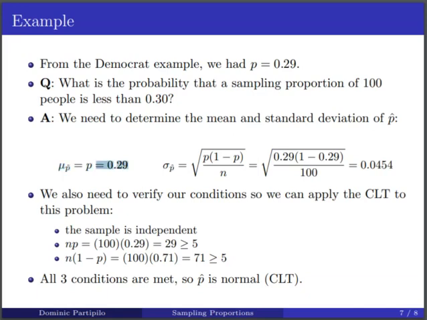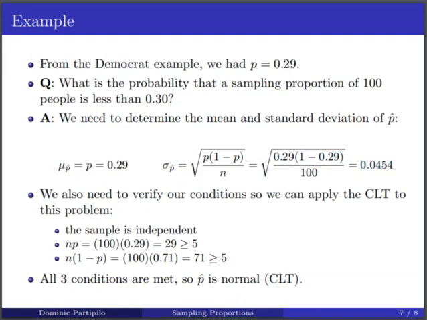So we know that right away because that's given to us. That's 0.29. And then the standard deviation of p hat is going to be the square root of p times 1 minus p over n, which is 0.29 times 1 minus 0.29 over 100, and then the square root of all of that, and that'll give us 0.0454.